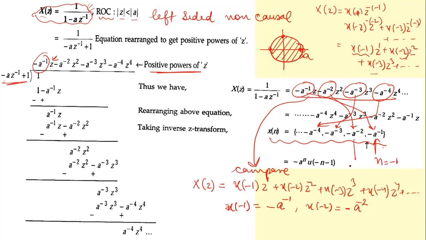This is at n equal to minus 2, this is at n equal to minus 3, and this is at n equal to minus 4, right? Now we know that the power of a is changing. So we have written minus a raised to the power n, u of minus n minus 1.